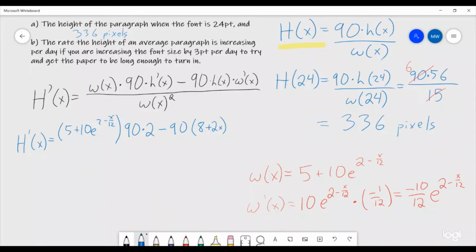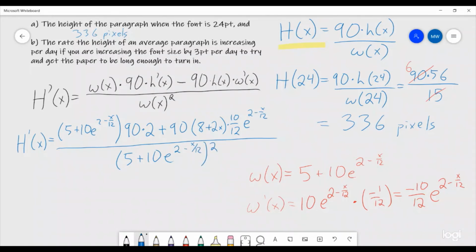Well, that's this entire piece. So negative 10 over 12, so that's a plus, times, we got 10 over 12 e to the 2 minus x over 12, all over w of x squared, all over 5 plus 10 e to the 2 minus x over 12 squared.